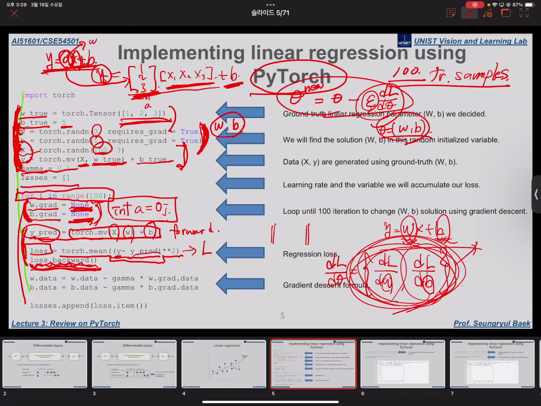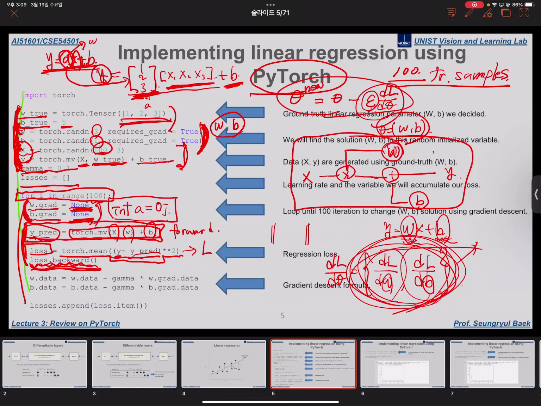Then inside PyTorch, this kind of graph is defined. Here, W is multiplied with X, and B is added, and Y is predicted. So this forward rule is composed of this kind of formula: input X is multiplied with W, and then added with B. By seeing this forward rule, PyTorch generates this kind of graph structure.